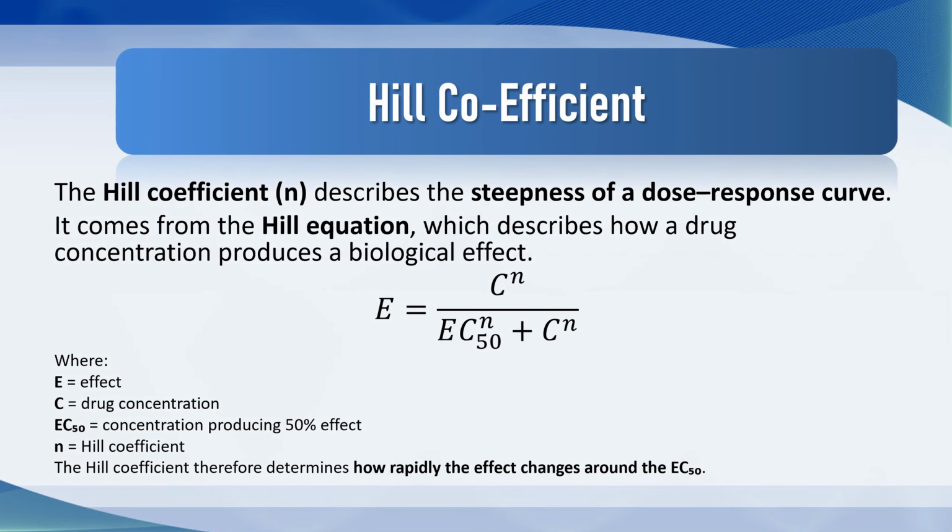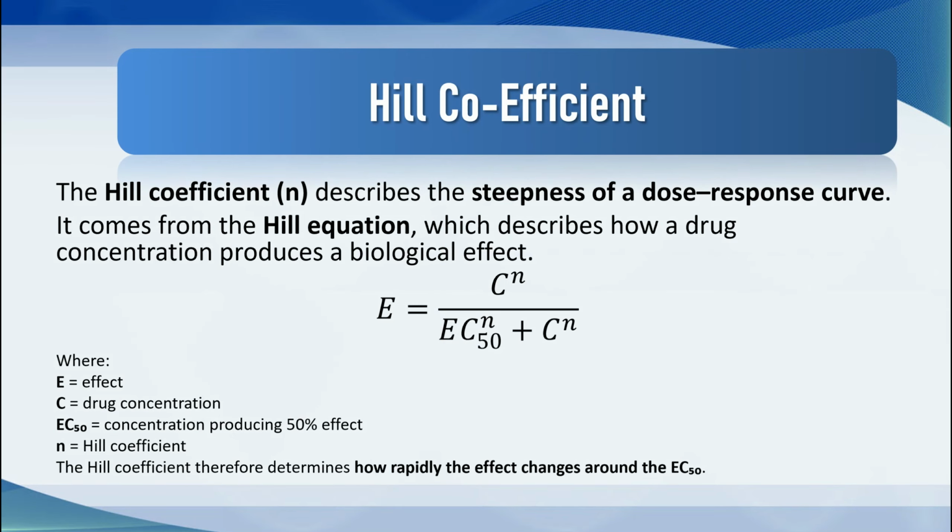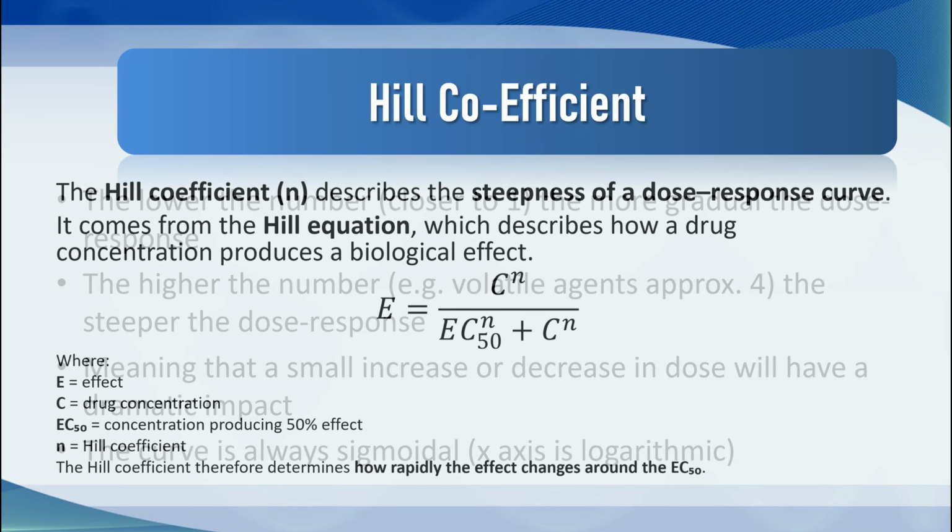Now, the shape of that particular curve is determined by a thing called the Hill coefficient. Archie Hill was an English physiologist who worked at the University of London and died in 1977. His Hill coefficient describes the steepness of a dose response curve, and it comes from the Hill equation that describes how a drug concentration produces a biological effect.